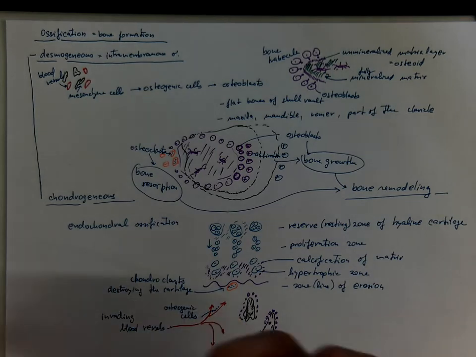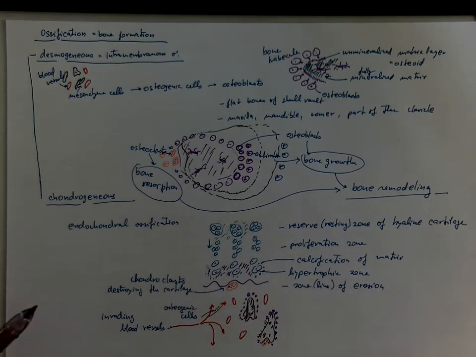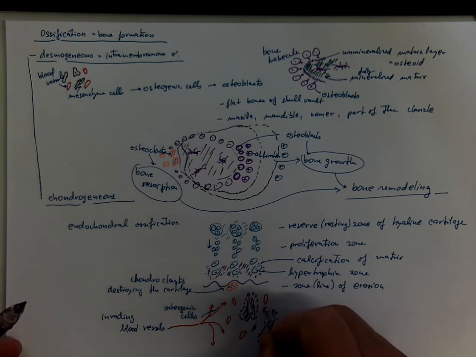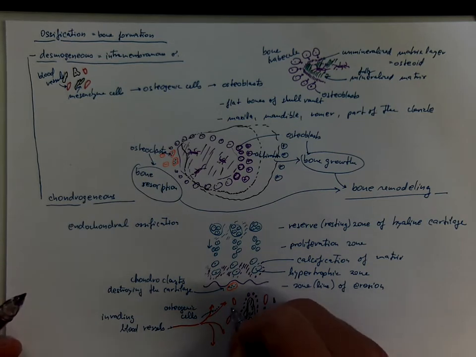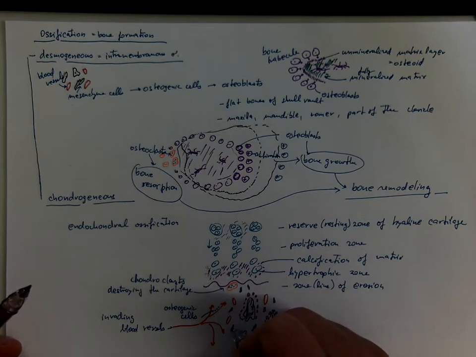The newly made space is also filled with the bone marrow, including the many blood vessels here. So we got some mesenchymal cells, reticular cells, and the bone marrow cavity is formed here.